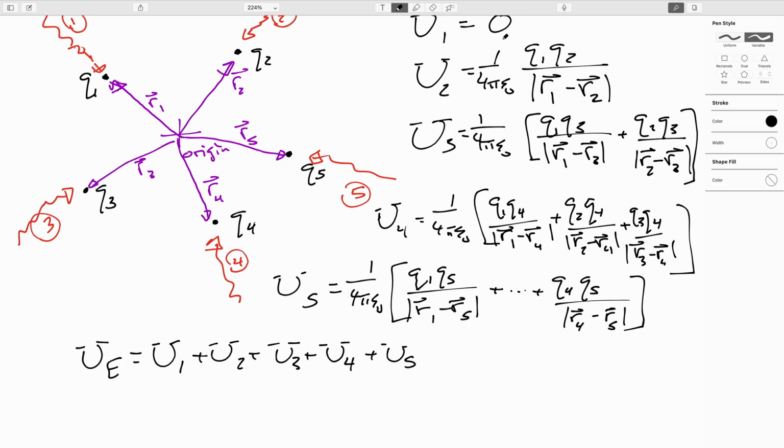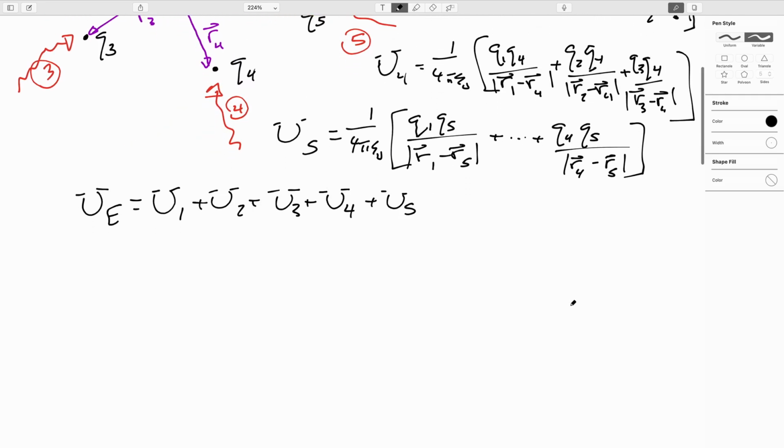If we take a look at this, everybody's got 1 over 4 pi epsilon naught. And then what you see is that we've got every possible pair of charges occurring once. 1 and 2, 1 and 3, 2 and 3, 1 and 4, 2 and 4, 3 and 4, 1 and 5, 2 and 5, 3 and 5, and 4 and 5.